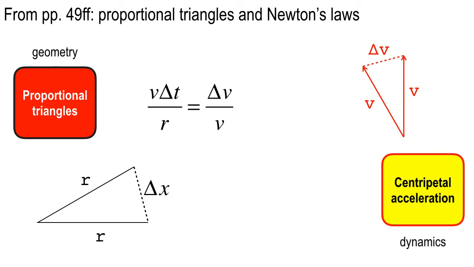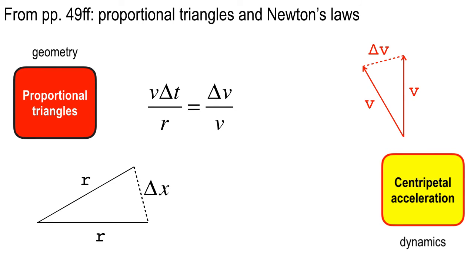If the two triangles are proportional, the same shape, then this ratio, whatever it happens to be, it could be 2.75 or something like that, is going to be the same for both triangles. This quotient on the right is the velocity triangle quotient, and this one on the left is the position triangle quotient.